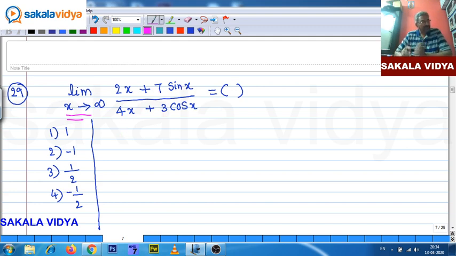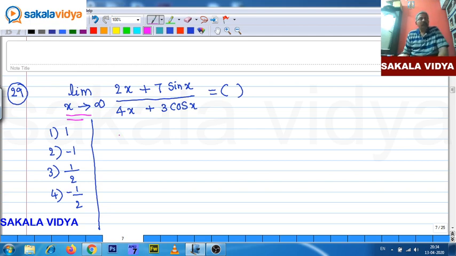Here we need to discuss two concepts. One concept is limit x extends to infinity, sin x by x is what? And limit x approaches to infinity, what is cos x by x? If we address these two concepts, this problem we can easily solve.